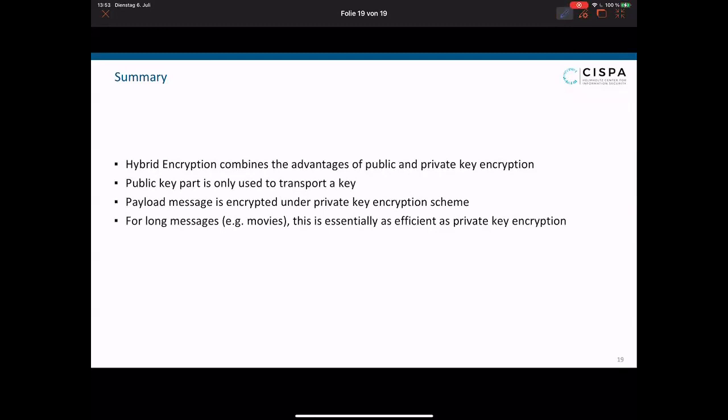For long messages, think of movies, this is essentially as efficient as private key encryption. So the cost of public key encryption here is completely amortized, since both the communication and computational overhead of the public key part is so small compared to what the private key encryption needs to work.